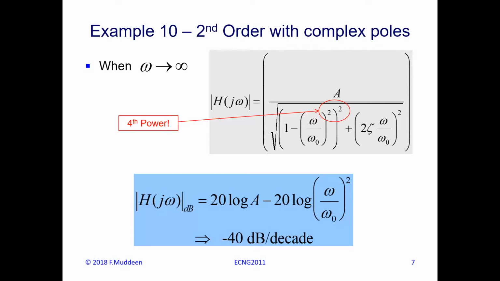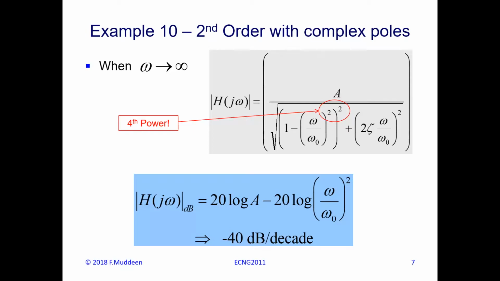The 2 zeta omega over omega naught component that we are seeing here will basically have little or no effect compared to the squared component here, because omega is tending towards infinity. So as such, we just say 20 log of omega over omega naught squared accordingly in order to solve for a magnitude plot.